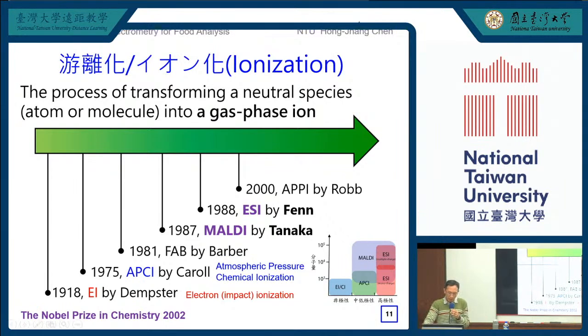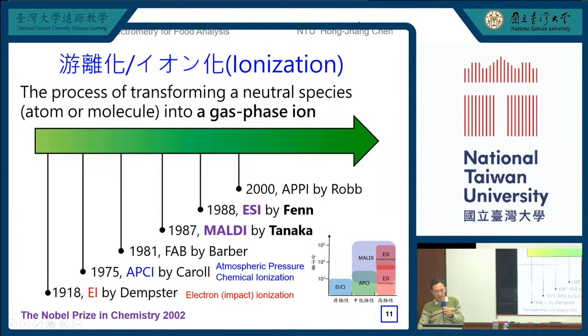The earliest ionization is EI, electron ionization, or electron impact ionization. This is a very early technique by Dempster, who was one of the scientists who helped build the nuclear bomb.